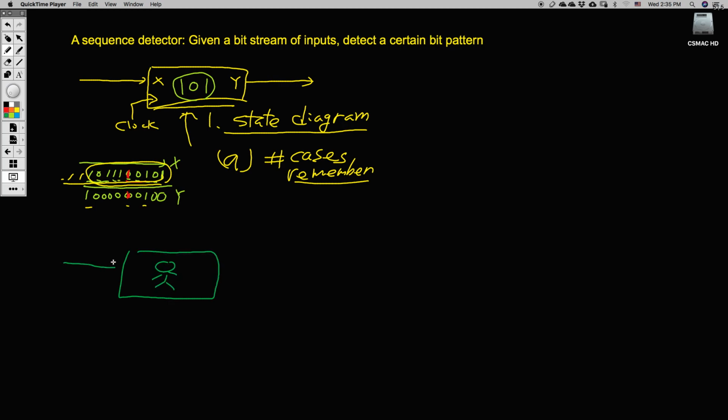You will receive ones or zeros at each clock tick. Then you say whether this pattern has been detected or not by raising your hand on the Y output. What is the minimum number of different cases that you should remember? Instead of remembering all the bit patterns, what you need to remember is the minimum number of cases.